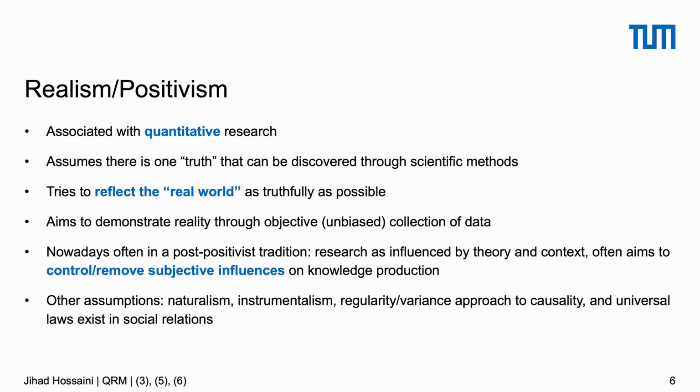Now, there are other assumptions of realist positions as well. If you are interested in those, you can look them up afterwards. For us, they are not of much interest. For us, it's important: positivism assumes that there's one truth, and so this is the ontological position, and it assumes that we can capture this truth. Being able to capture this one truth, this is the epistemological position. Does it make sense? Perfect.